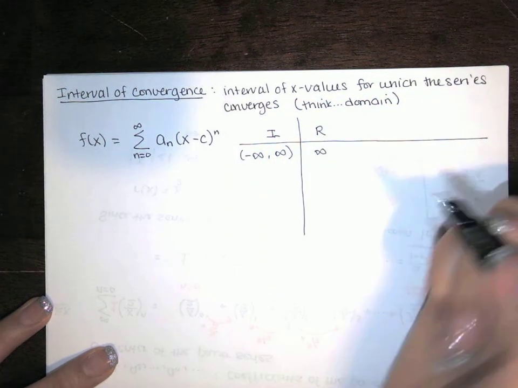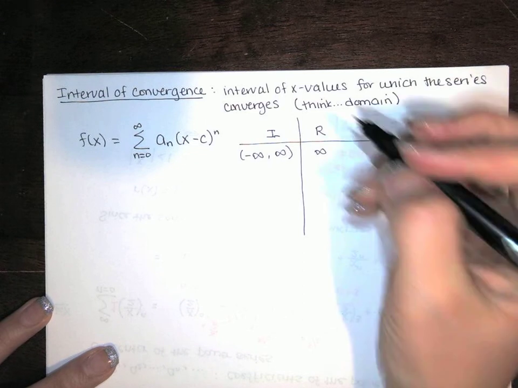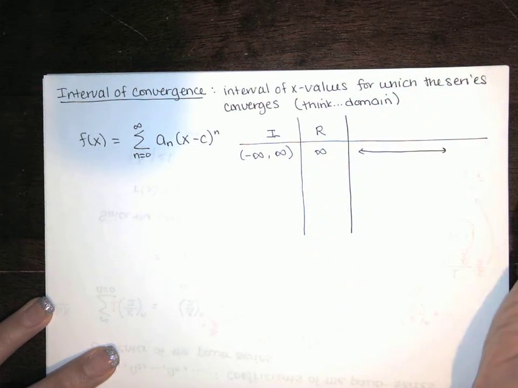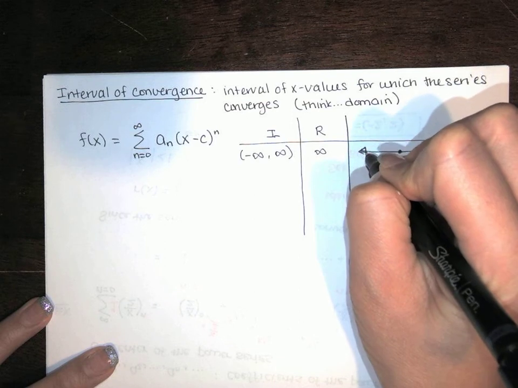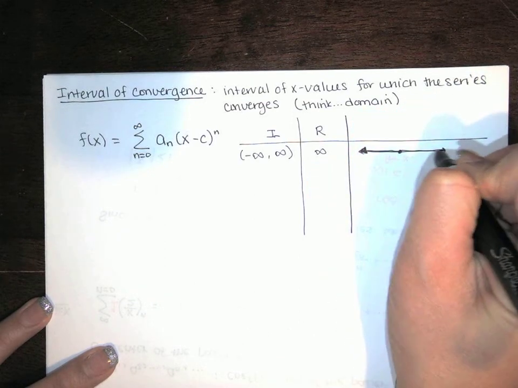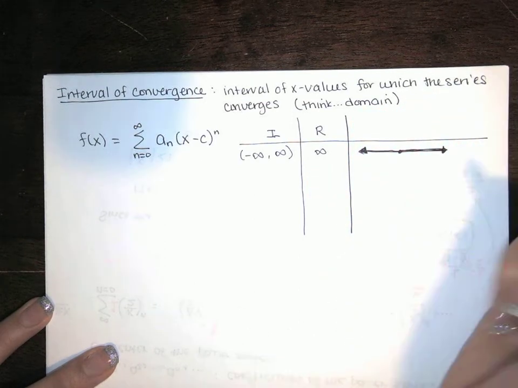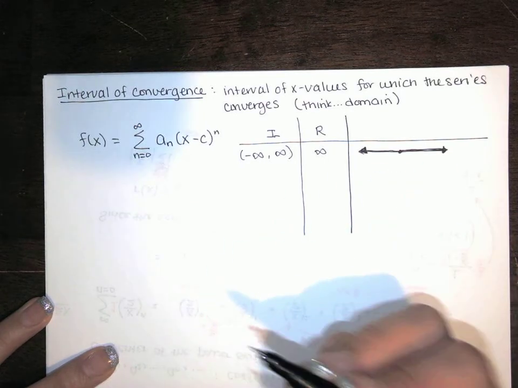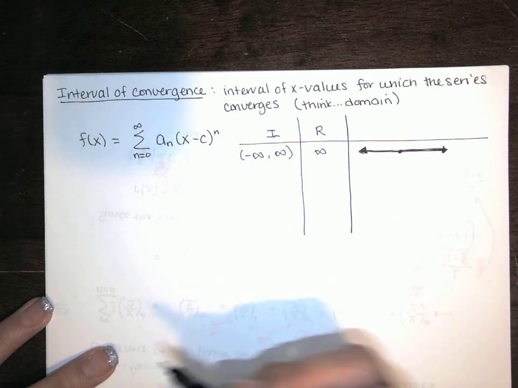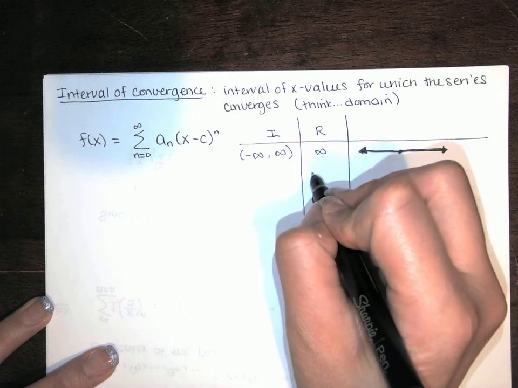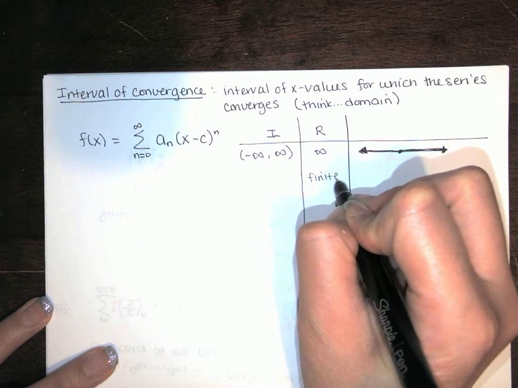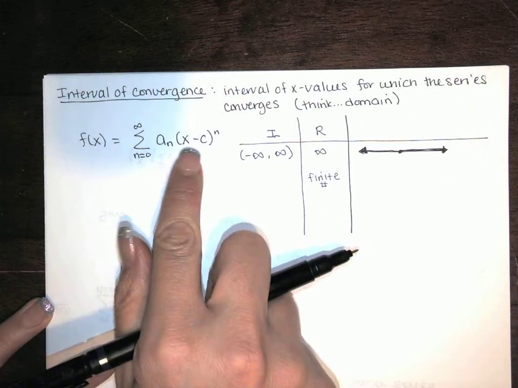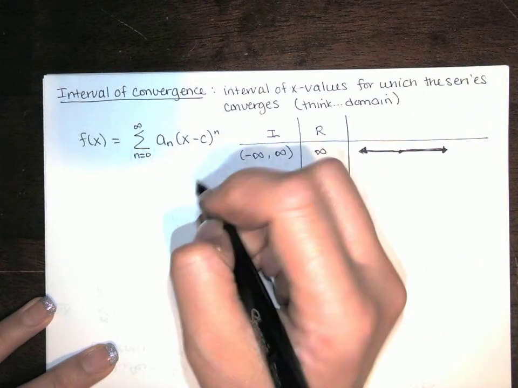It really bothers me writing down r equals infinity, just a notation thing. So if I draw it on a number line, we're saying there's the interval of convergence. This series converges all the time from negative infinity to infinity. That's one possibility. Or the possibility is r is just a finite number like it was in the last two examples. In that case, you're going to have an interval. It will be centered at the center of your series.